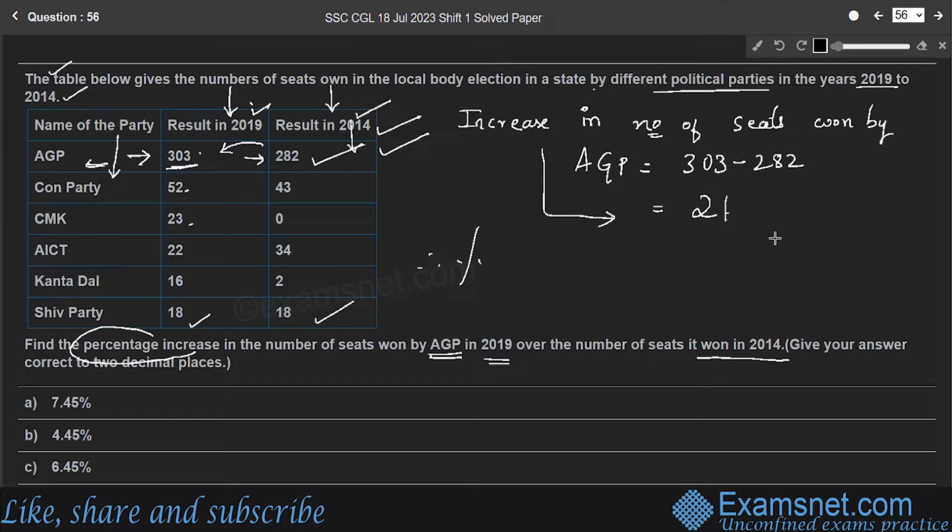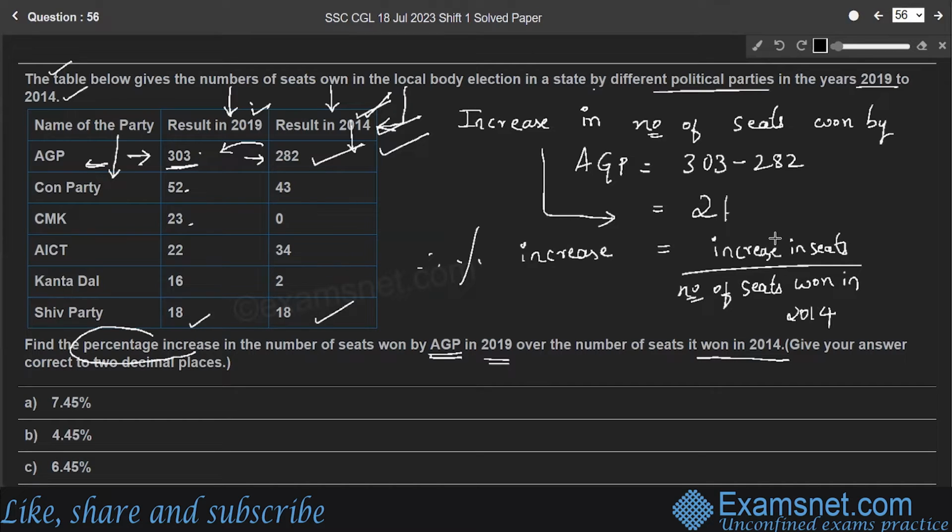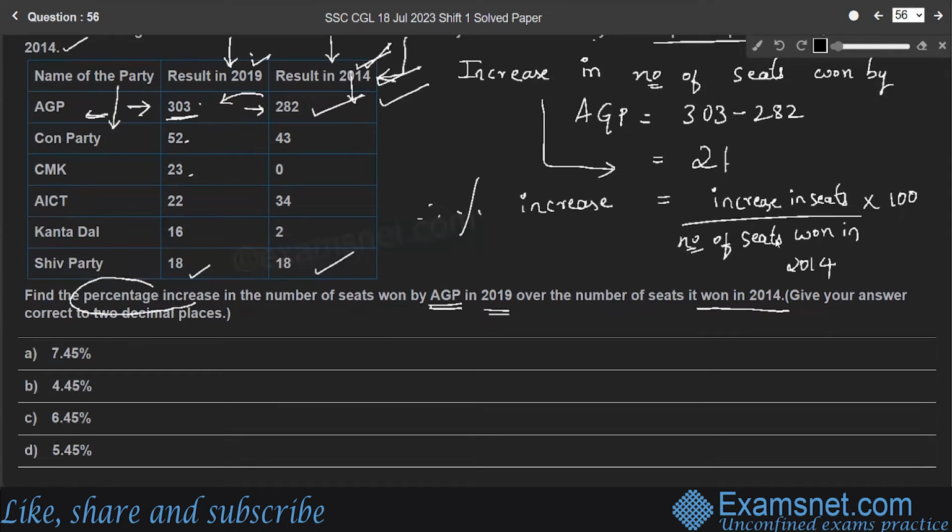Therefore, percentage increase in number of seats. We are comparing the increase in number of seats with the 2014 seats, right? So percentage increase is increase in seats divided by number of seats won in 2014, into 100. 21 is the increase in number of seats.